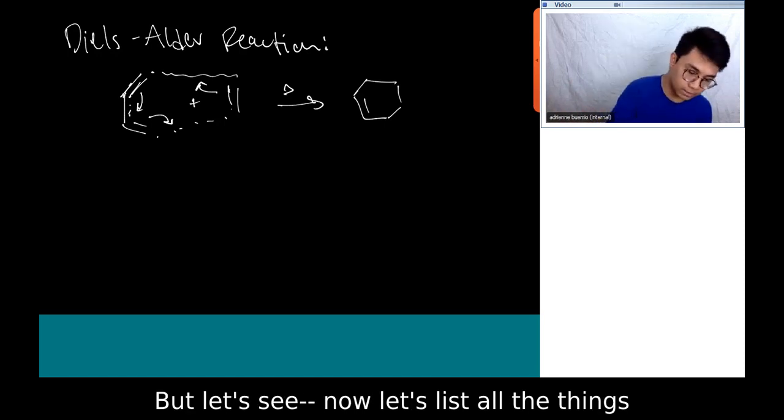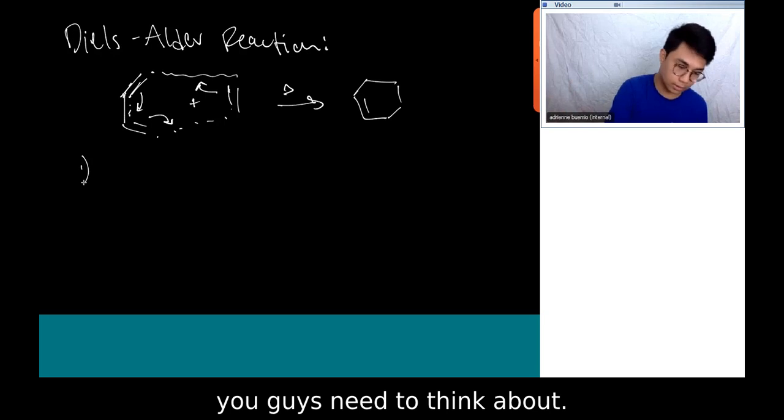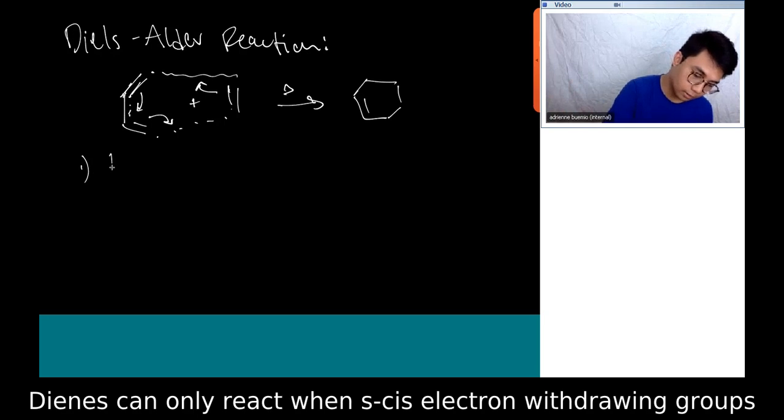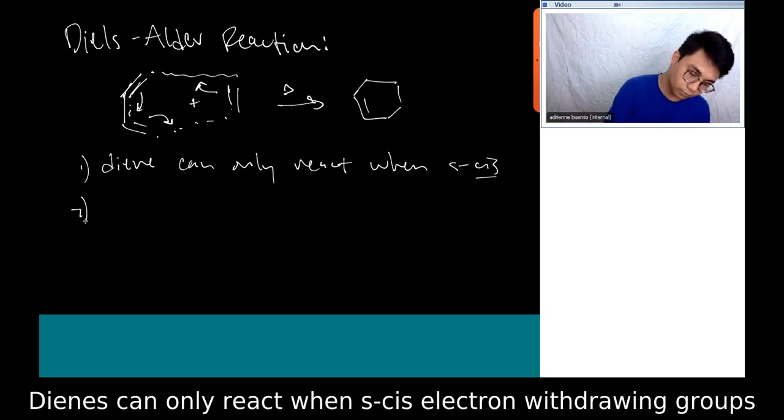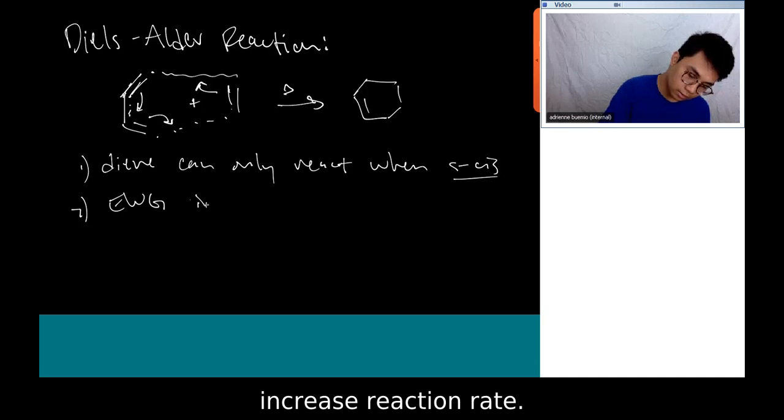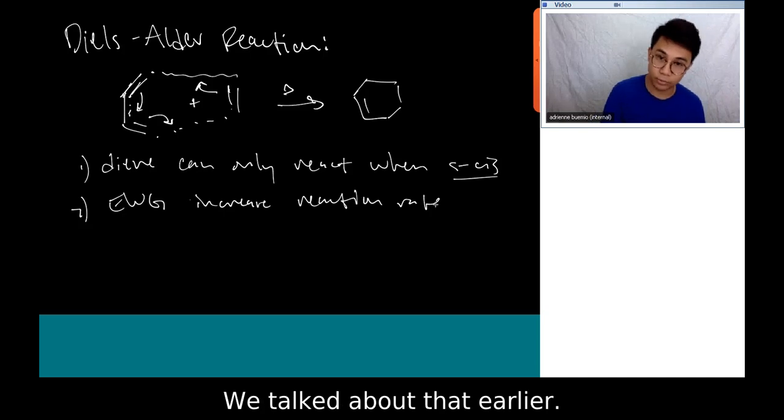Now let's list all the things you need to think about. One, the diene can only react when S-cis. Two, electron-withdrawing groups increase the reaction rate. We talked about that earlier.